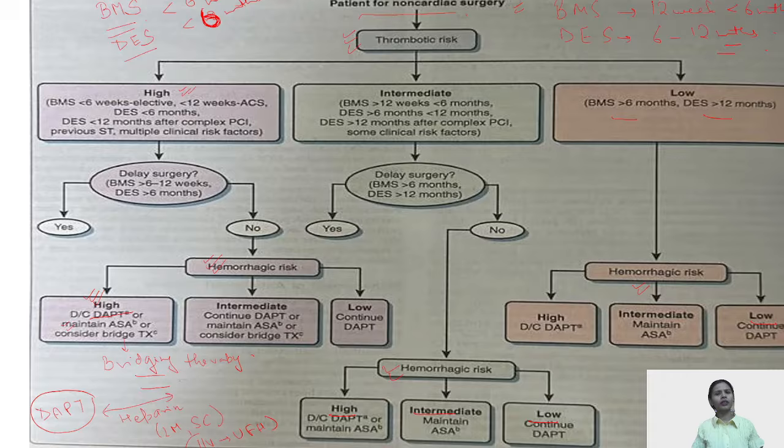If it is low hemorrhagic risk, then dual antiplatelet therapy can be continued. If it is a low thrombotic risk, where the recommended time is already finished, then there are no issues. If the hemorrhagic risk is very high, discontinue your dual antiplatelet therapy. And if the hemorrhagic risk is low, then you can continue your dual antiplatelet therapy in these patients.